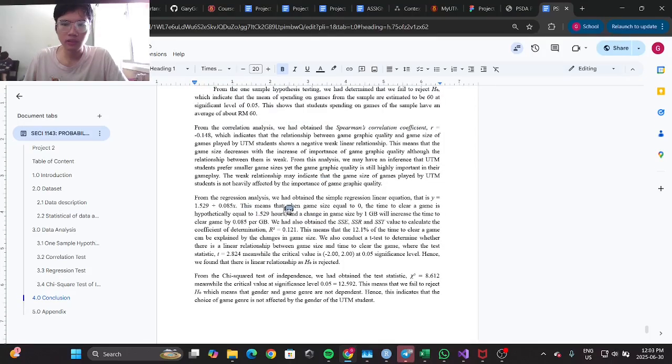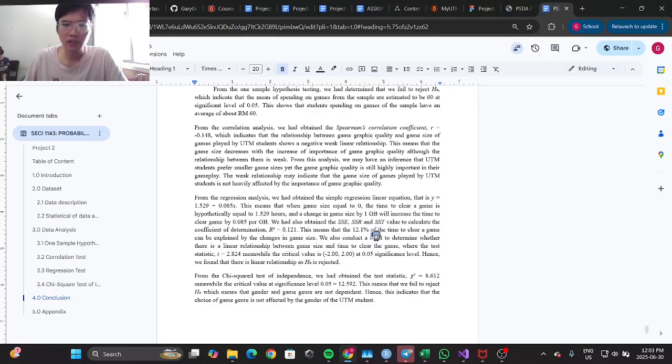We also calculated the SSE, SSR and SST to get the coefficient of determination, which is 0.121. This shows that our equation can explain the change by 12.1%. Only 12.1% is explained by the equation, which is quite low, but at least it's something.